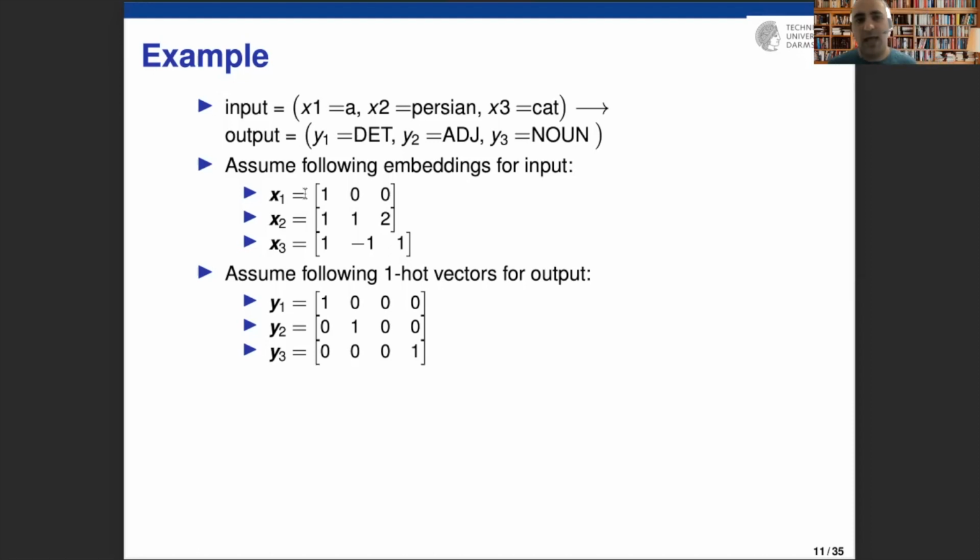Let's say our embedding function returns this vector for A, this vector for Persian, and this vector for cat. For the output vectors, we also use one-hot vector representation, with dimensionality of 4. This is y1, this is y2, and this is y3.